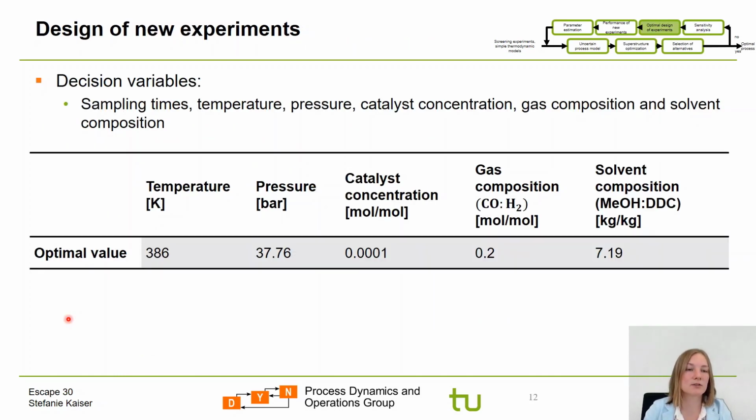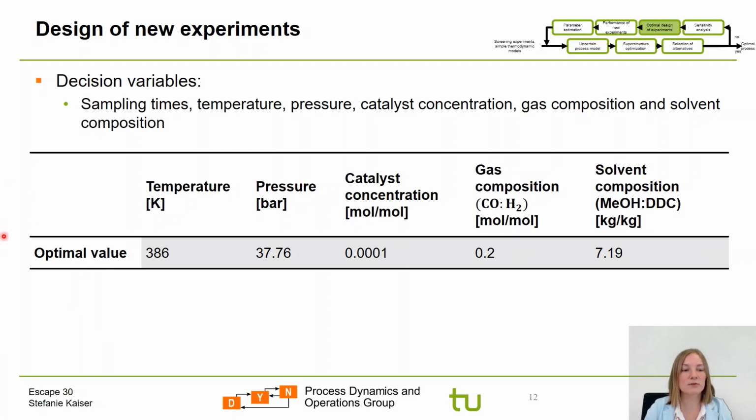This parameter should be determined better in new experiments, and these experiments were then designed using optimal design of experiments with the sampling times, the temperature, the pressure, the catalyst concentration, the gas composition, and the solvent composition as decision variables in the optimization.